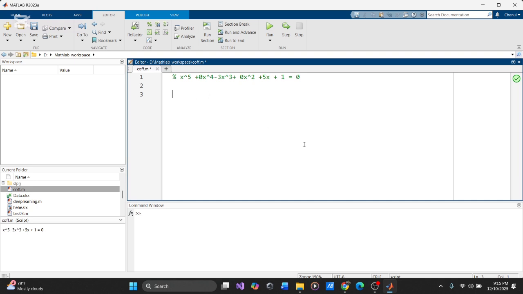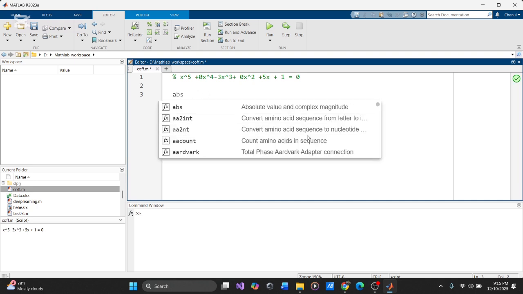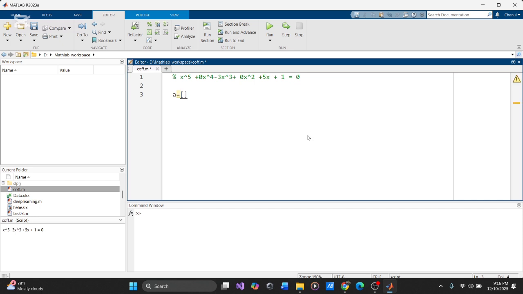So let's save the coefficients here. I'm going to use a equals, the coefficient of x to the 5 is 1, x to the fourth is 0, minus 3, 0, 5, 1.